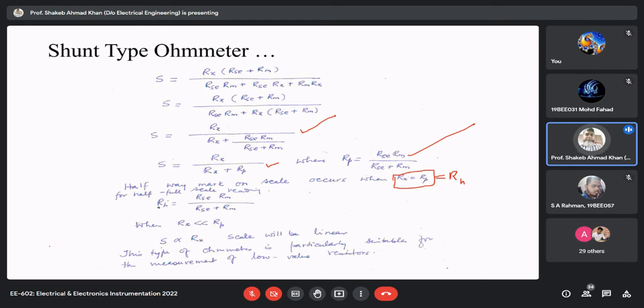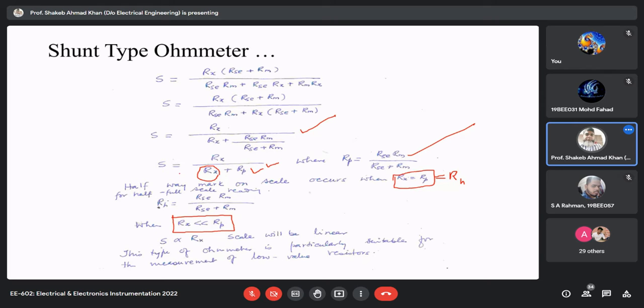Now I'm coming back to this expression. When Rx is very small in comparison to Rp, this is a very important thing I'm talking about, then obviously Rx can be neglected in comparison to Rp in the denominator.